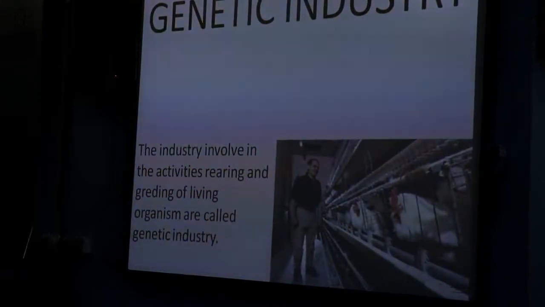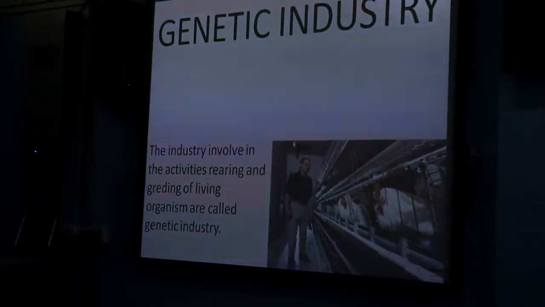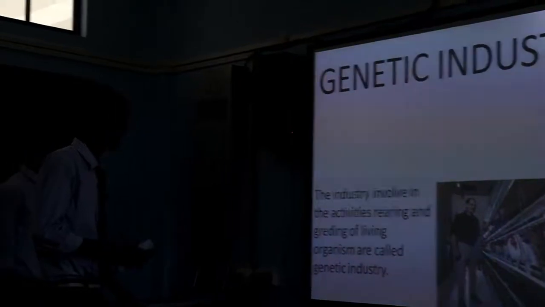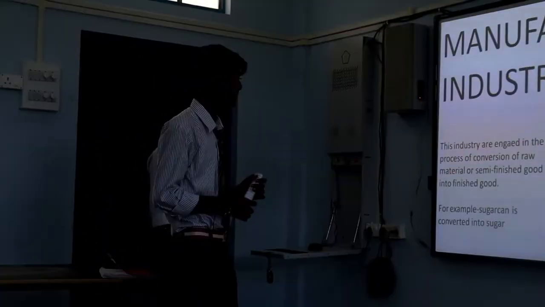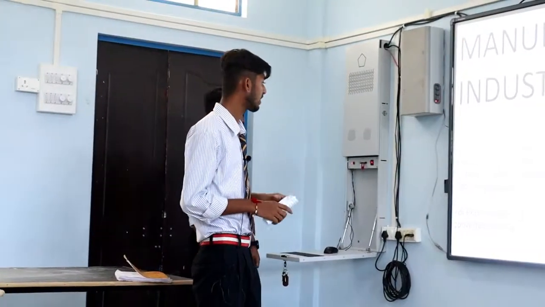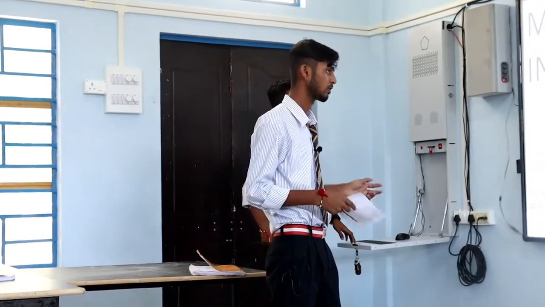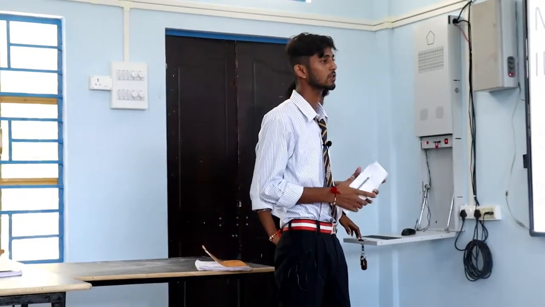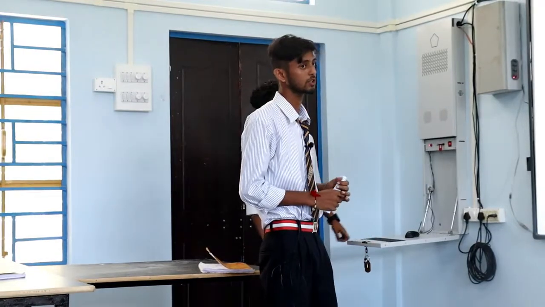Genetic industry involves activities of breeding and growing. Manufacturing industry is engaged in the conversion of raw materials into finished goods or semi-finished goods into finished goods. Example: sugar is converted from sugar cane.